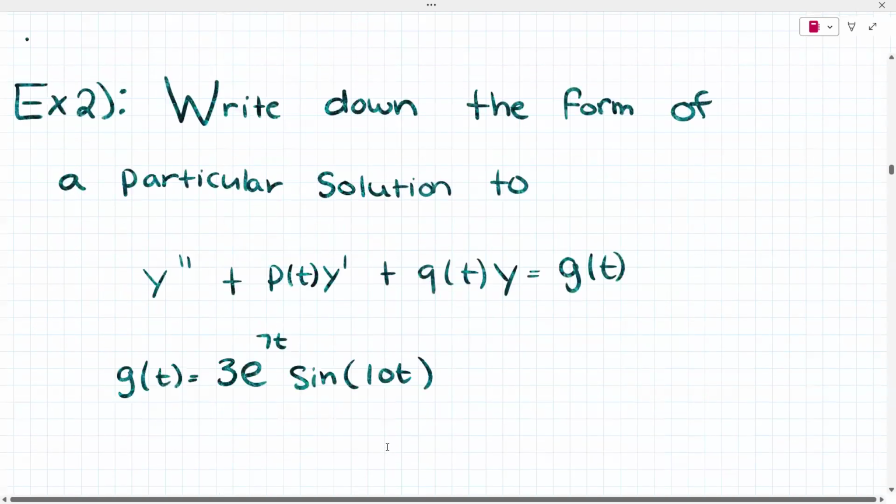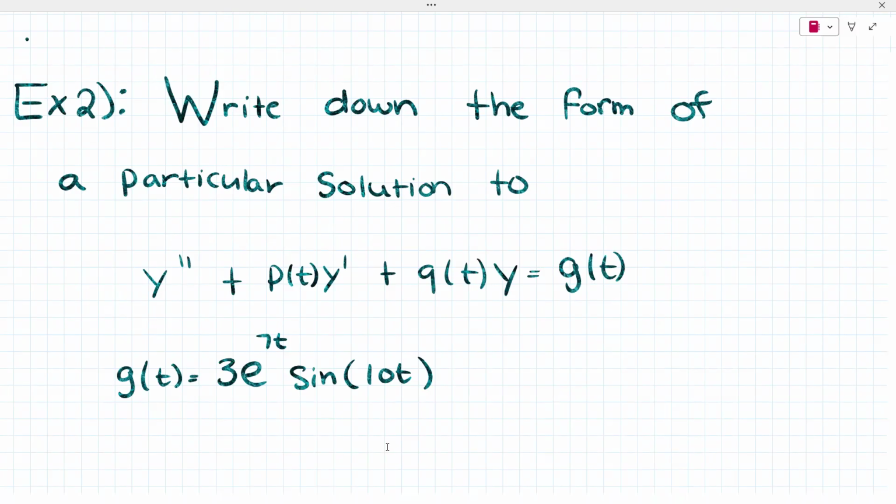Let's move on to example 2. Example 2 says, write down the form of a particular solution to y double prime plus p of t y prime plus q of t y equals g of t. And we are given g of t equals 3e raised to the 7t times sine of 10t.